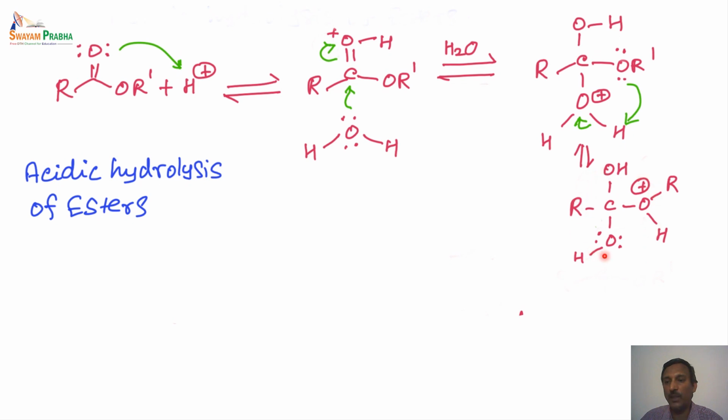So we end up with this particular intermediate where the alcohol unit oxygen has the positive charge. We already know this is a very good leaving group. So when the leaving group leaves, the oxygen-hydrogen bond is shifted between the carbon and oxygen. So we end up with the loss of alcohol, and the H plus loss leads to the corresponding carboxylic acid. So this is how the acid hydrolysis reaction proceeds.